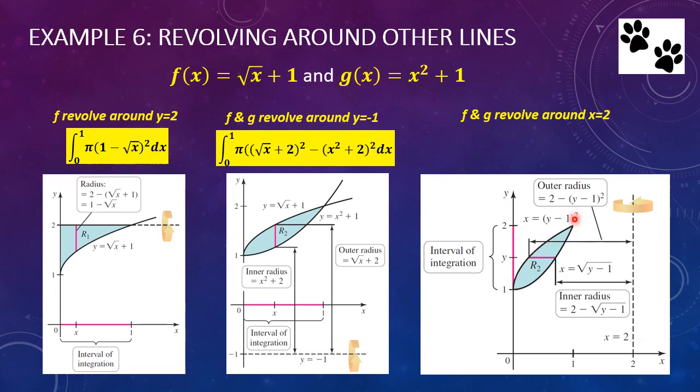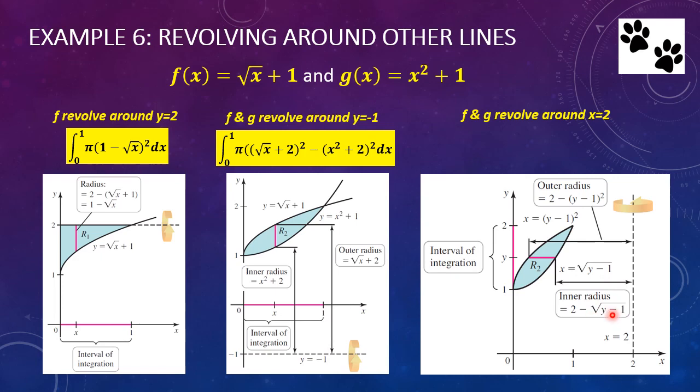And so again, when we subtract this, we get the outer radius is 2 minus y minus 1 squared, because the function, when we solved it, was y minus 1 squared. The inner function is x equals the square root of y minus 1, so this is 2 minus the square root of y minus 1.